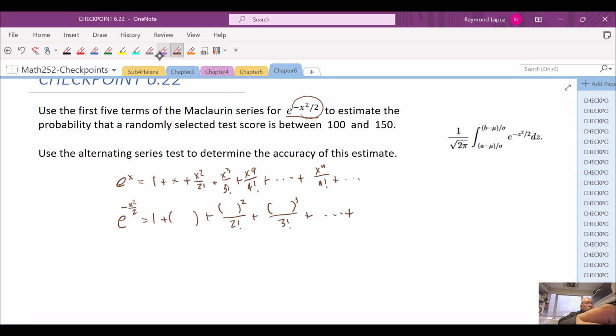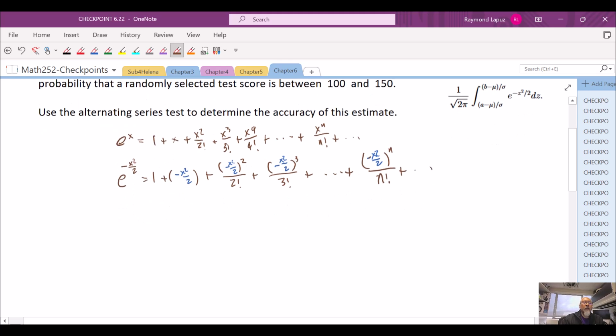Let's see if we can simplify that. This general nth term would generate an alternating series because of the negative sign, and we'll see how that works out.